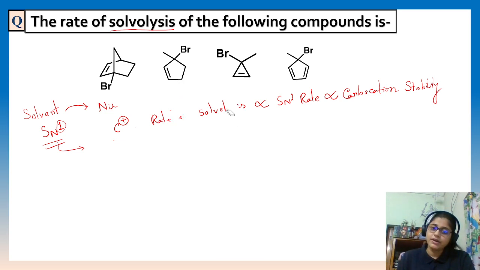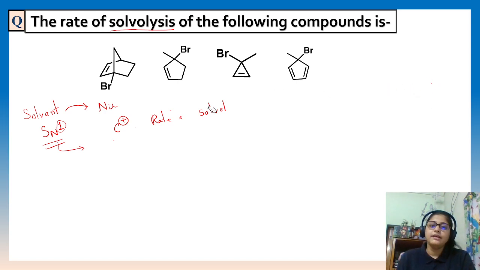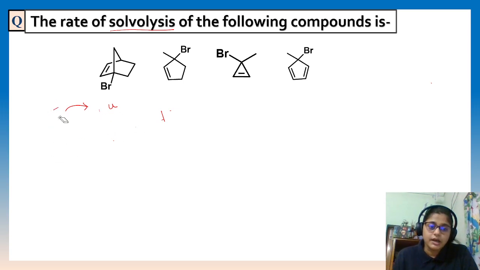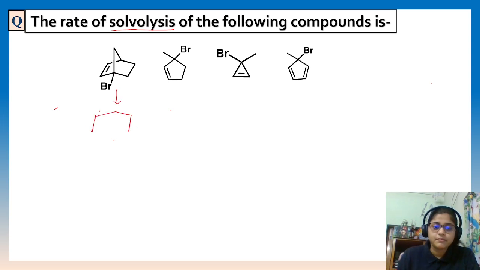Okay. That you understood. Now see, in the given four compounds, if they form carbocation, which will be stable and which will not. If it goes for solvolysis, it will give this carbocation, right?